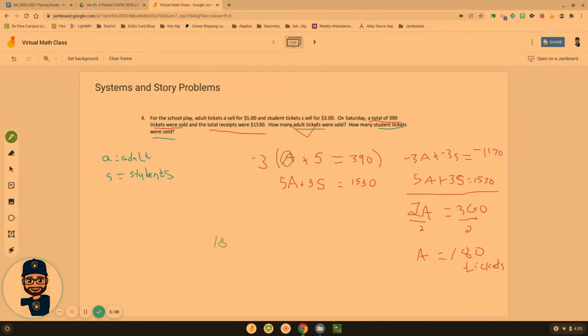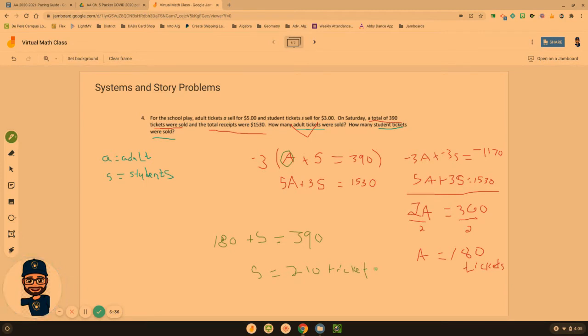So 180 plus the number of student tickets sold had to equal 390. If I subtract that 180 from each side, the number of student tickets sold was going to be 210 tickets.